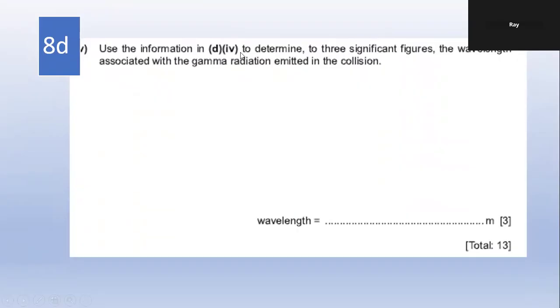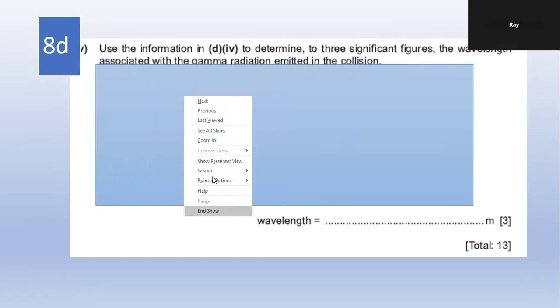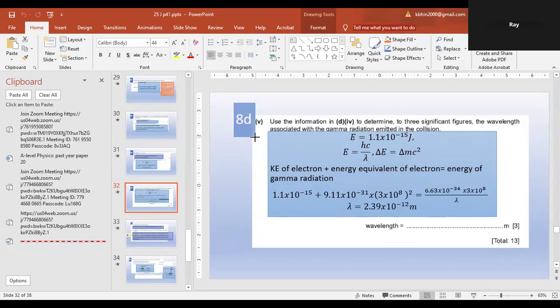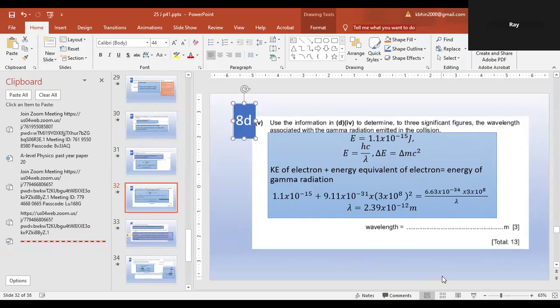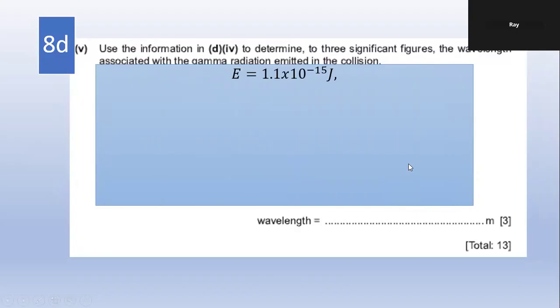Use your information in the previous part to determine, to three significant figures, the wavelength associated with the gamma ray emitted in the collision. We calculate the kinetic energy.